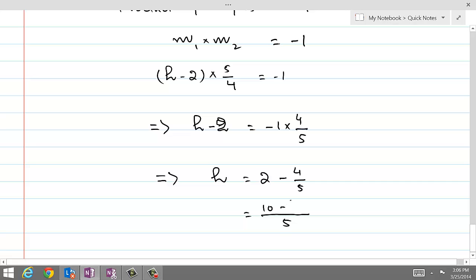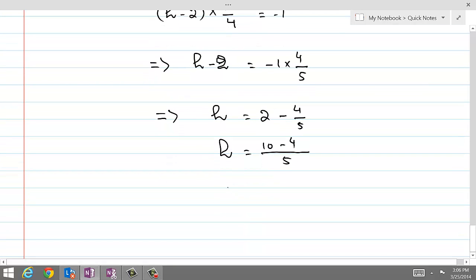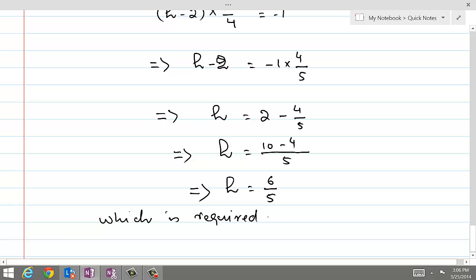This would be 10 minus 4 over 5, and this value of h would be 6 over 5. So this is the value of h for which the two lines will be perpendicular, which is the required value of h.